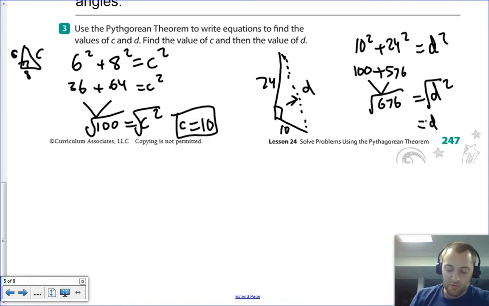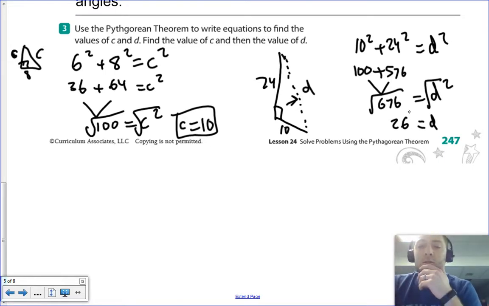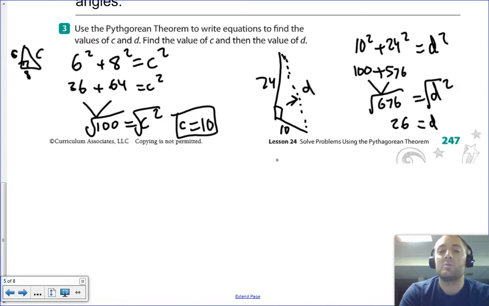The square root of 676 is 26. Hey, it's a perfect square, or a perfect whole number. So that means we have a Pythagorean triple. It'd be a 10 by 24 by 26 right triangle. So that's 26 units for D.